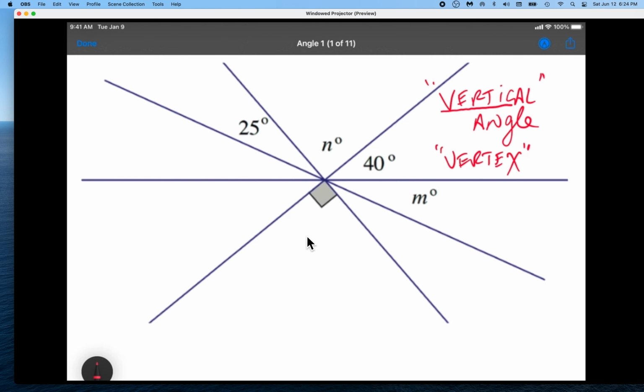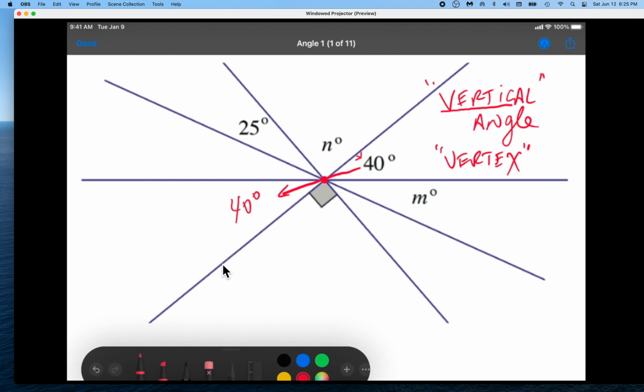And a vertex is where two limbs of an angle meet. So let's look at this 40 degrees. If we go from this 40-degree angle through its vertex, we hit its vertical angle. So this has to be 40 degrees. Vertical angle through the vertex, the angles are congruent.